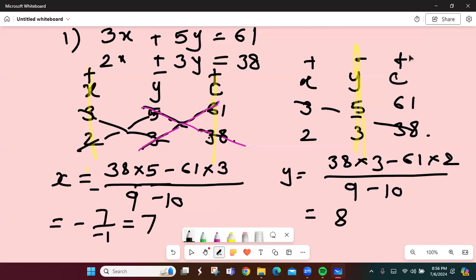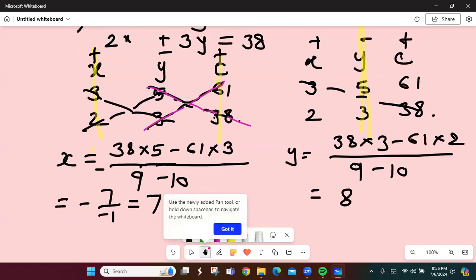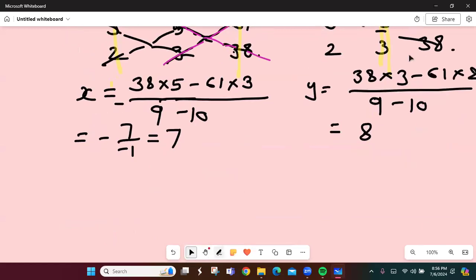So 38 into 3 minus 61 into 2, that will give you negative 8. Negative 8 upon negative 1, that will be 8. So finally, you are going to get the solution as x is equal to 7 and y is equal to 8.